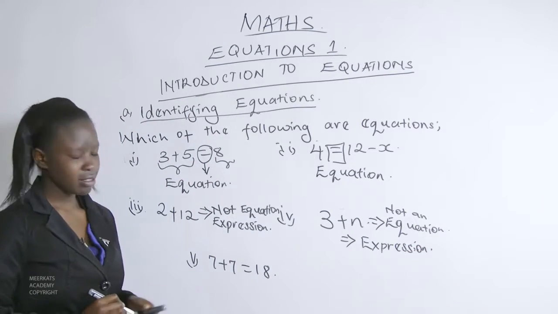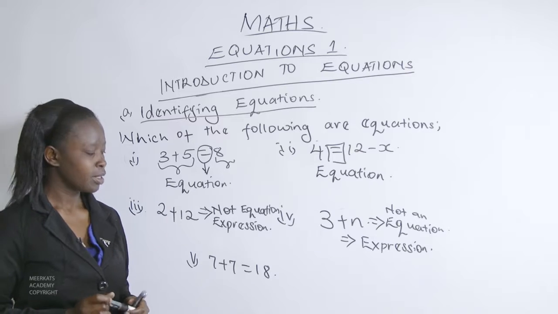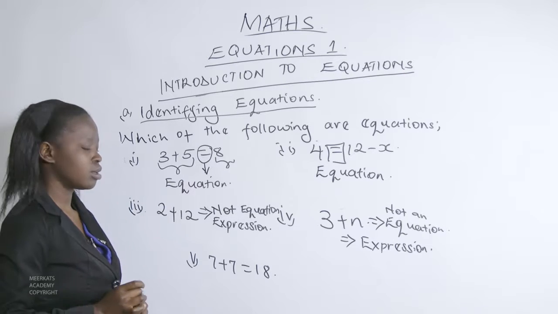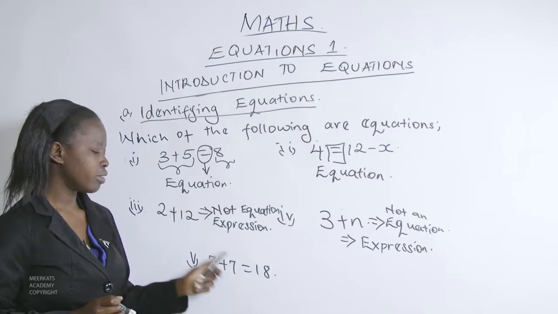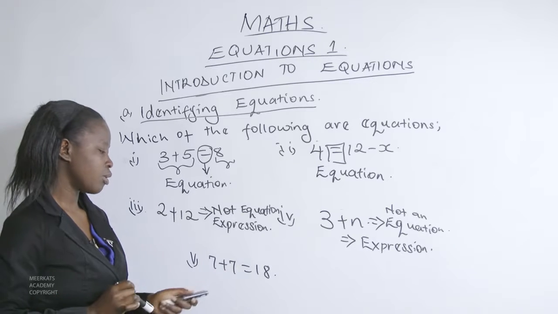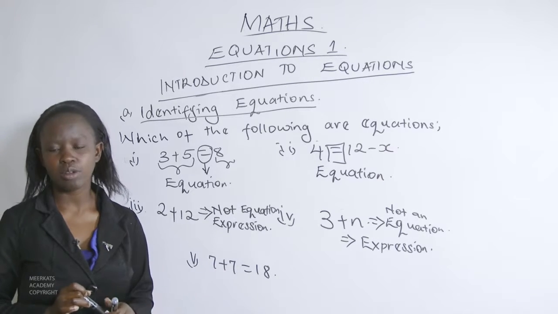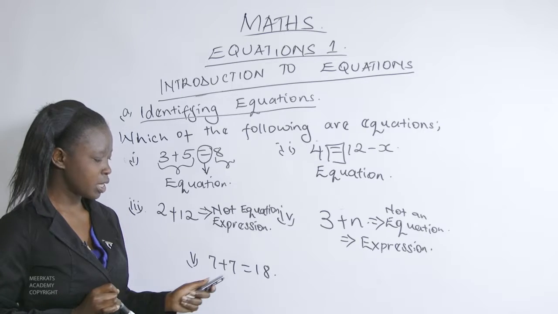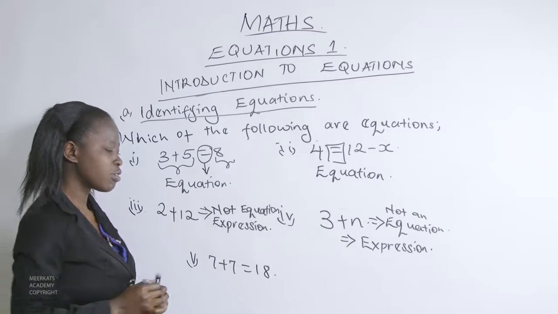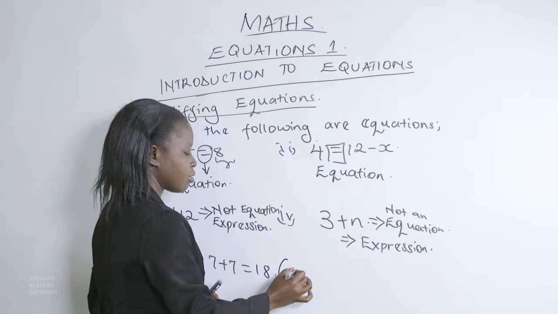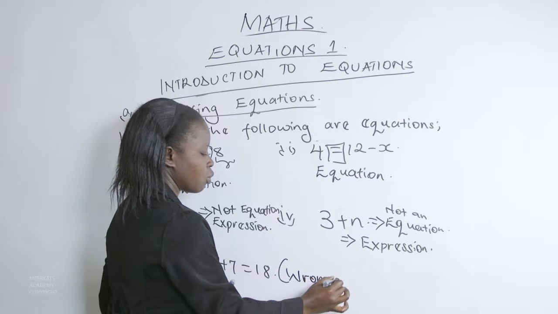Next, we have 7 plus 7 is 18. First, we need to note that the working in this case is not correct because 7 plus 7 is not equal to 18. So this means that there is a wrong working that has been done in this given equation.